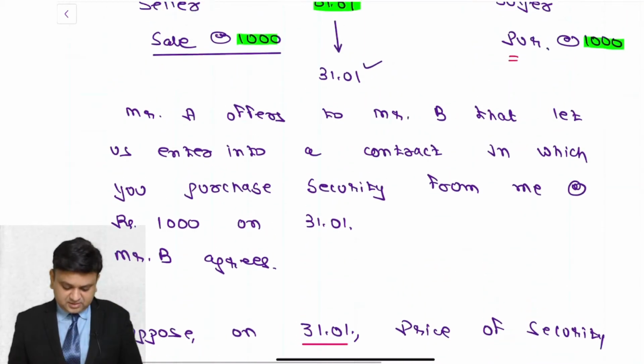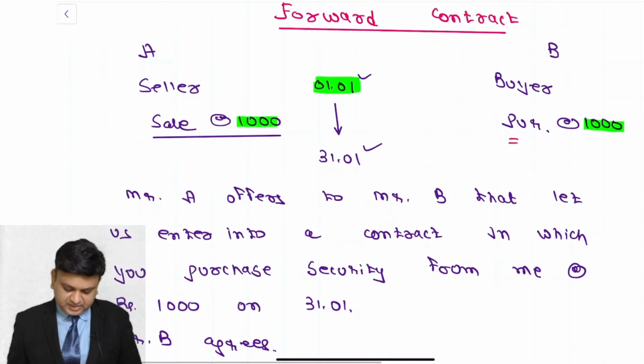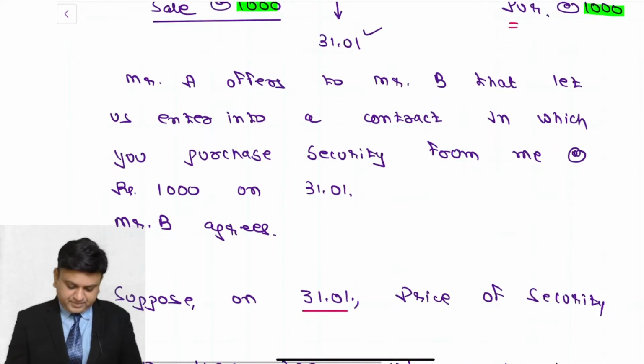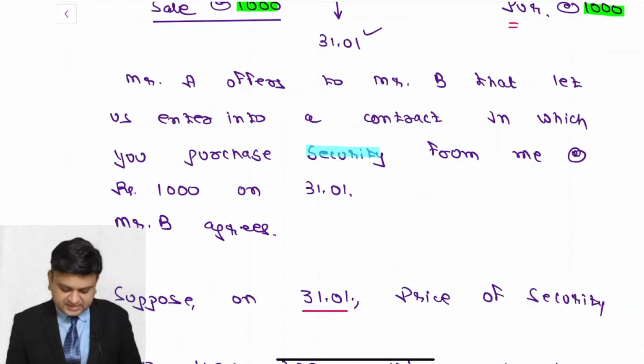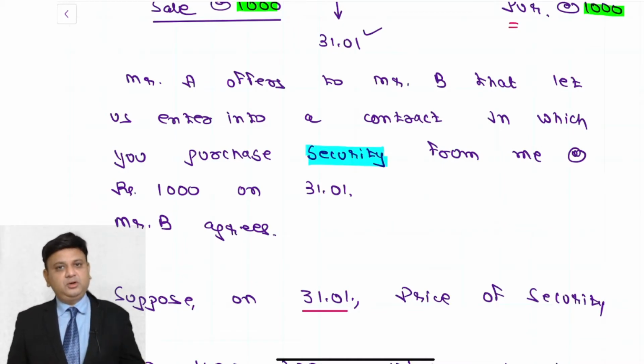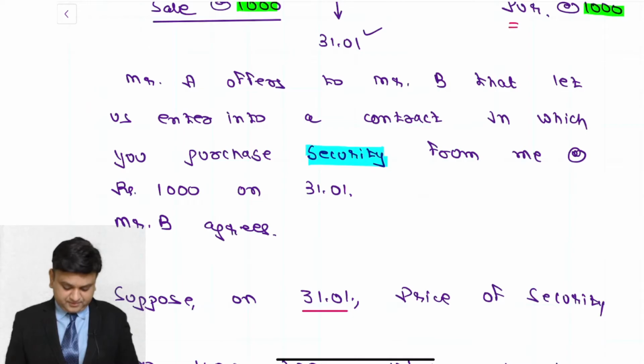The underlying asset is over here the security of the Reliance company. So over here we understand that the transaction is entered upon for an underlying asset. It may be gold, it may be copper, it may be any other thing also for which you can enter upon the forward contract.